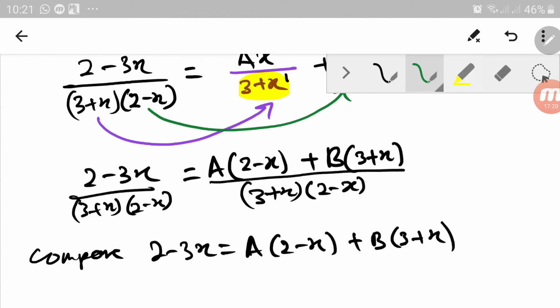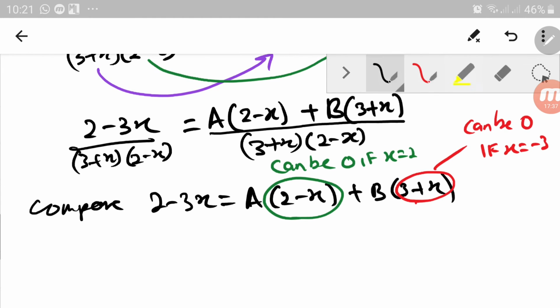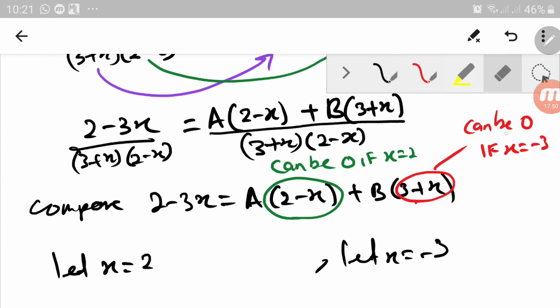Now from here we know this bracket can be 0 if x equals 2, while the second one can be 0 if x equals minus 3. So we can use these two pieces of information to substitute x equals 2 and the other one we can substitute minus 3.